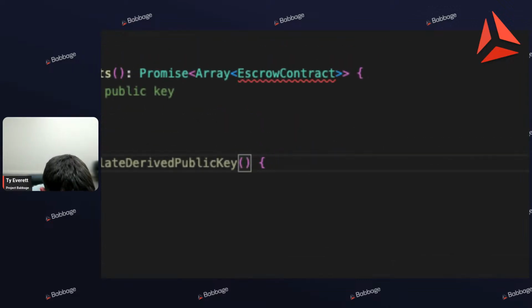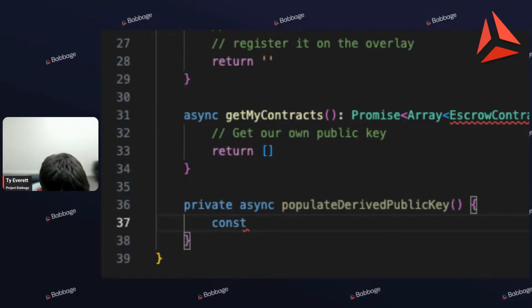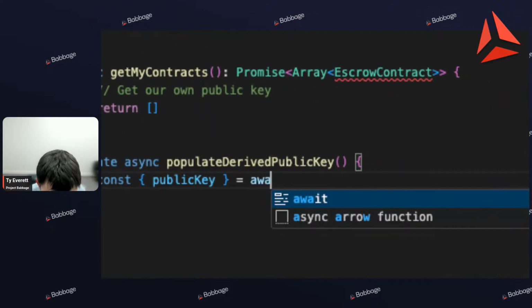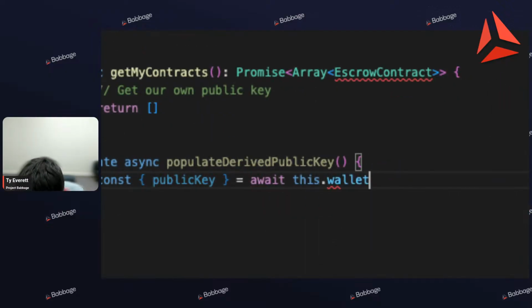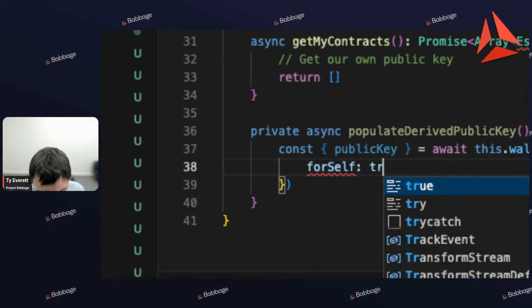All right, well then go away. Okay, if we do that, then we can say getting one of our own public keys.